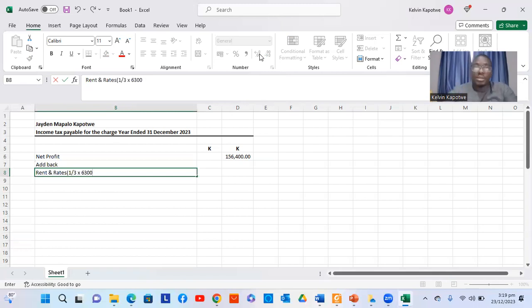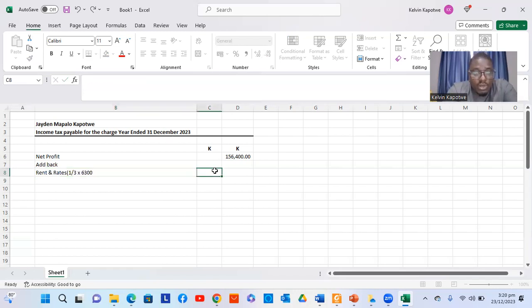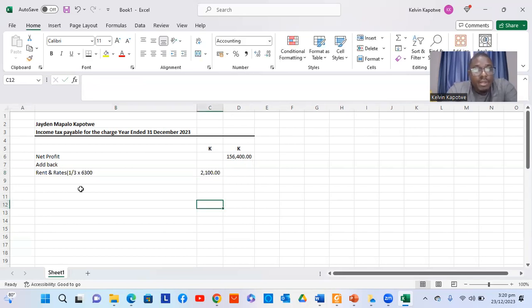Can I get my calculator? 1 divided by 3 multiplied by 6,300. We are saying about 2,100. So 2,100 is going to be disallowed.